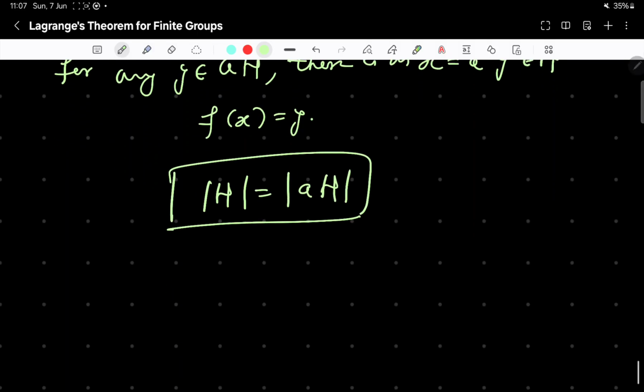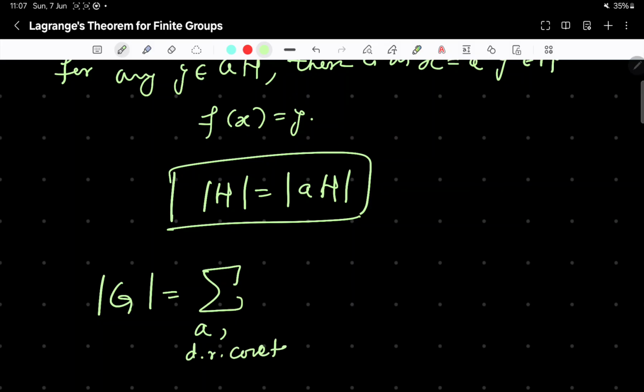Why is it useful? Because you have already written G as the union of AH, where A is a distinct representative from the cosets, right?